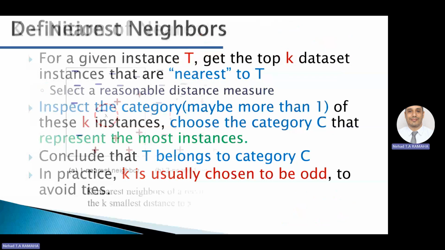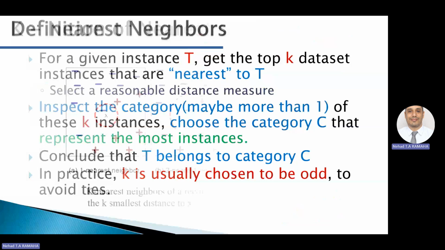Okay, how many neighbors K should we get for the result? For example, we have minus and plus categories here, and we have a new data X. If we take one nearest neighbor, then X will be classified as this nearest neighbor.